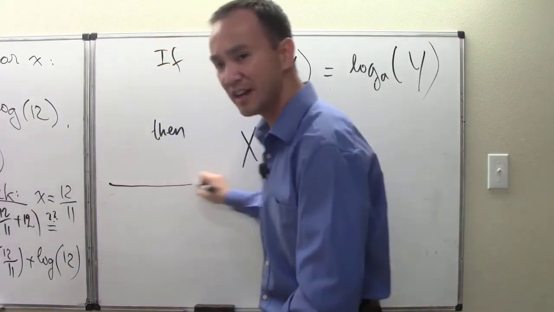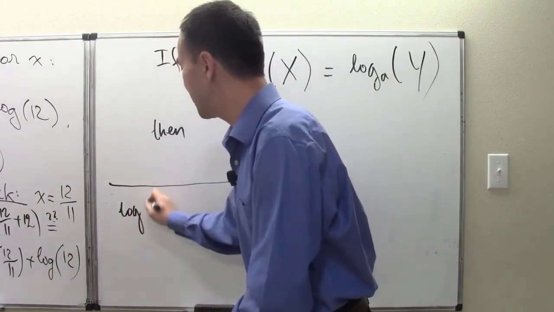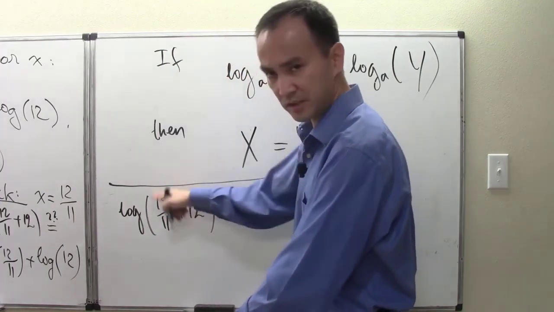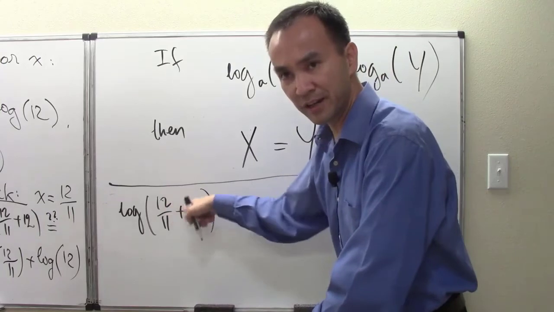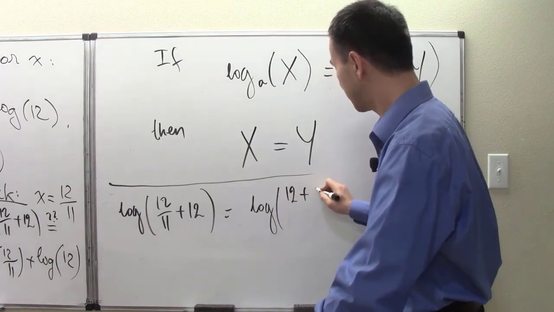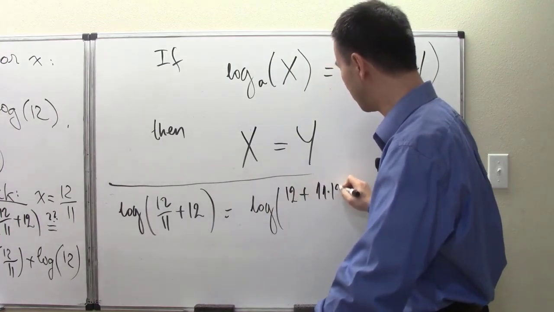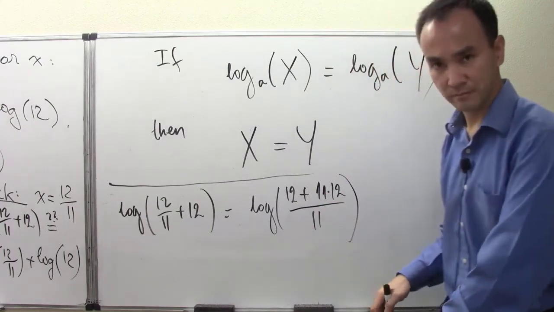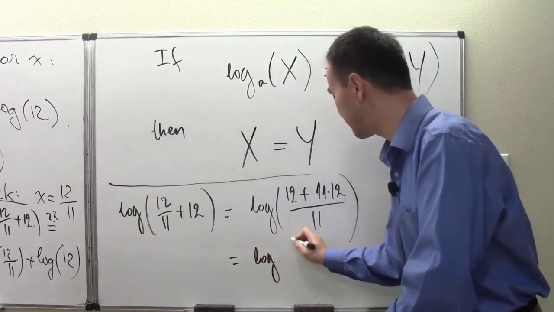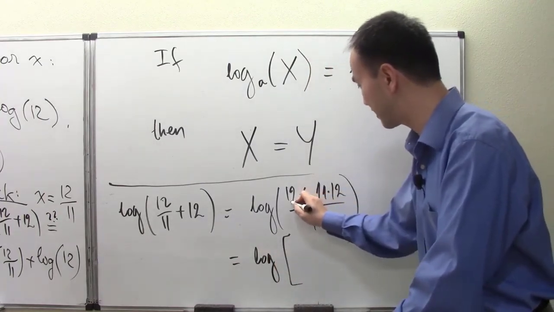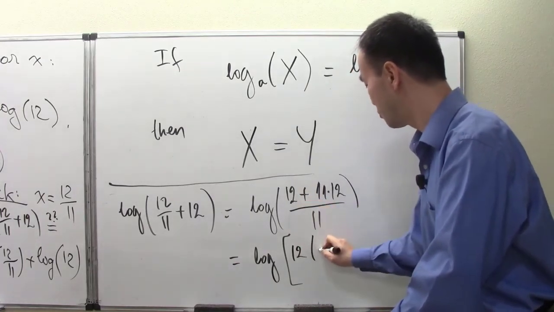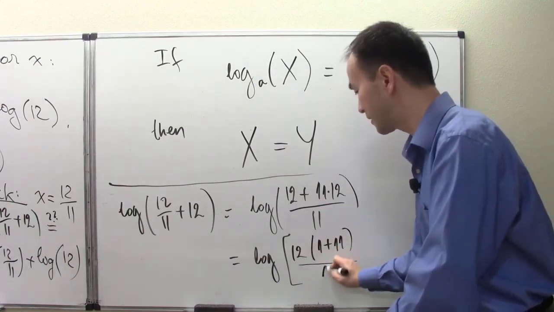Again, what if we didn't have a calculator? Log base 10 of 12 over 11 plus 12. If we make a common denominator inside the log, it's log base 10 of 12 plus 11 times 12, divided by 11. That equals log of, now I'm going to factor out a common factor 12, so 12 times 1 plus 11 over 11.